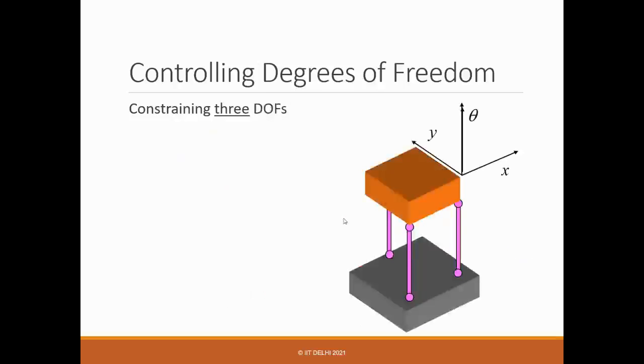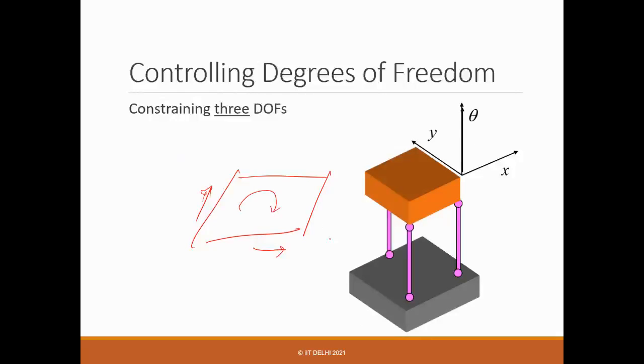So suppose you are constraining 3 DOF here, and here you are constraining it in a plane. So it can move in X and Y, and it can rotate in plane theta, right? So perpendicular direction. So actually it moves in an XY plane. So right, X, Y, and it can rotate also, right?